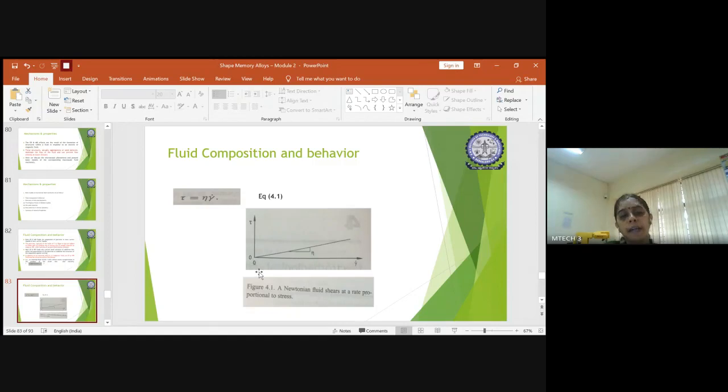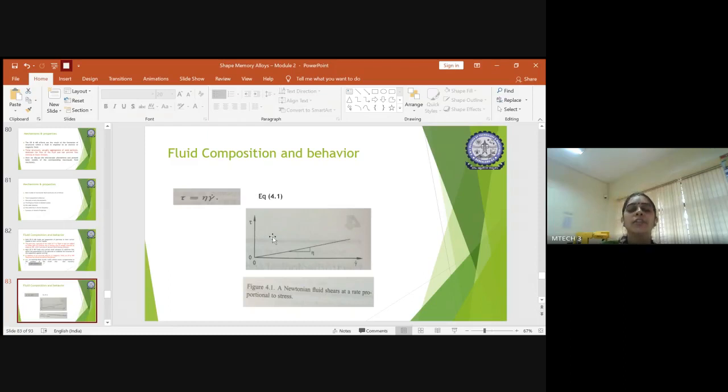If you take a graph and plot the shear stress along the y-axis and shear strain along the x-axis, it varies proportionally, meaning it will be a linear graph. If you take the slope value somewhere in between, it will provide you the viscosity. As the strain and the stress vary, the increase in slope value will show you the enhancement in the viscosity of the fluid.